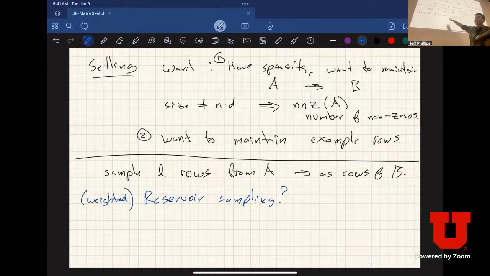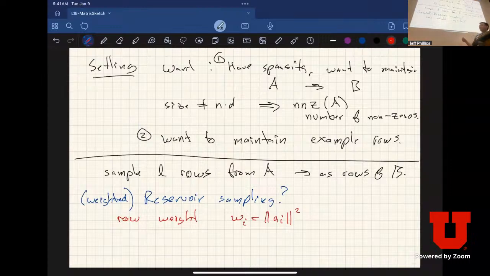The real important idea here is I don't want to sample just any row. Some rows are more important than others, and I want to sample some rows more often. Okay, and so I want to put a row weight w_i, and so the simple version is just called norm sampling, and I just use the squared norm of the row.